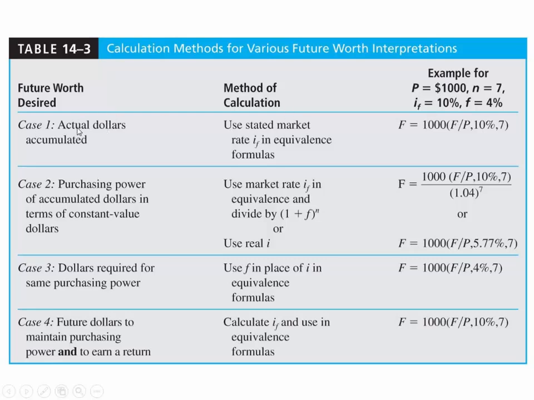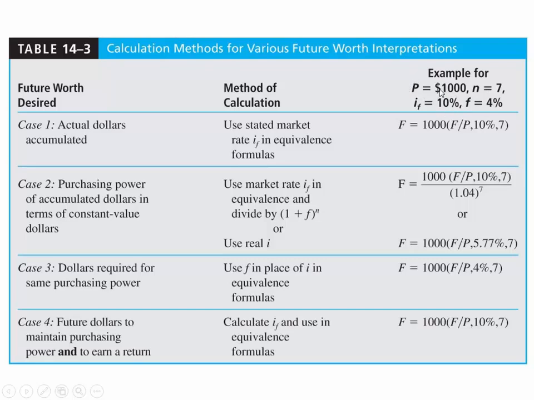There's case one, where it's the simplest of all. You're just trying to find out what is the numerical number of dollars that's going to be sometime in the future. And when you do that, you're using the market interest rate, I sub F. Now here in this third column, where they're giving an example, they're saying, what if you had a present value of $1,000 over 7 years, you're trying to find the future amount.